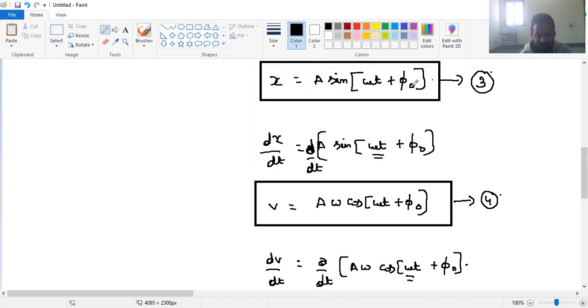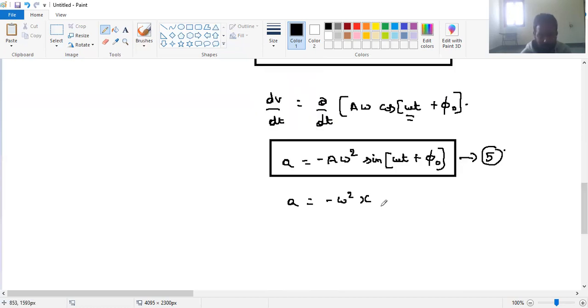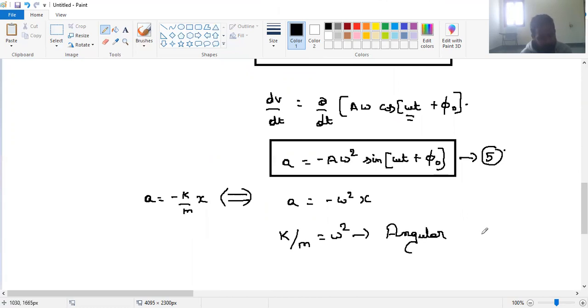But in the starting condition, I got a is equal to minus of k by m into x. So if I compare these two equations, k by m is nothing but omega square, where omega is nothing but angular frequency.